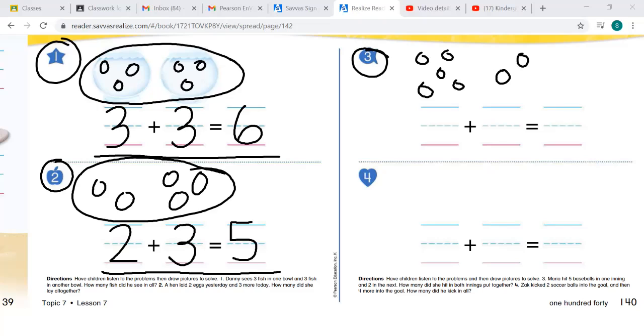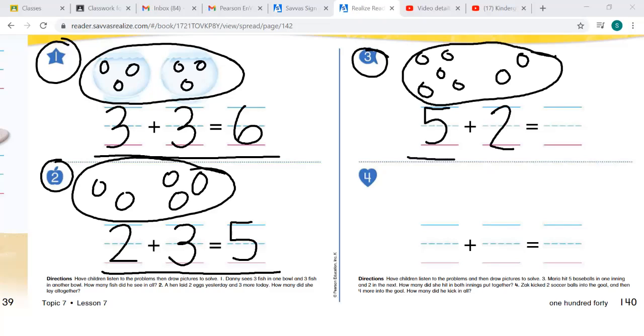How many did she hit in both innings put together? So we're going to put them together. We're going to join them. Hiba hit 5 in the first inning and 2 in the next. So how many in all? 5 plus 2 equals 7. Count to check.